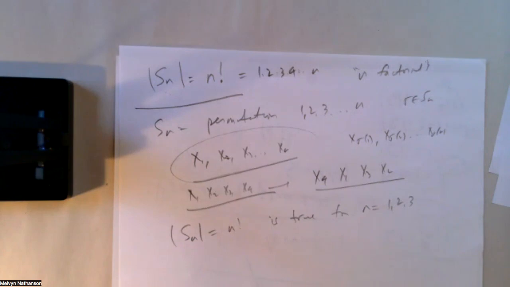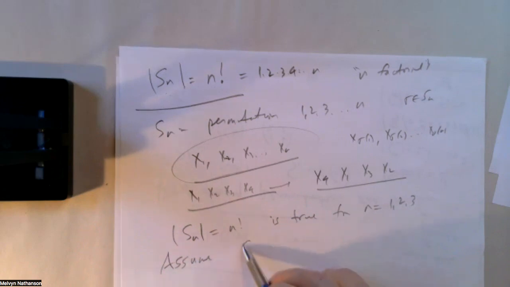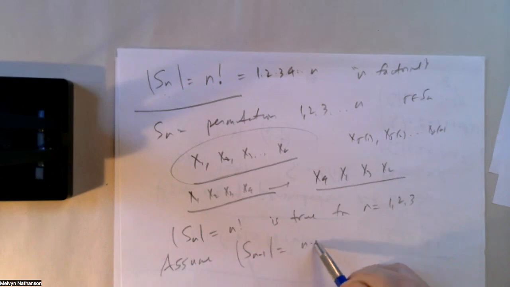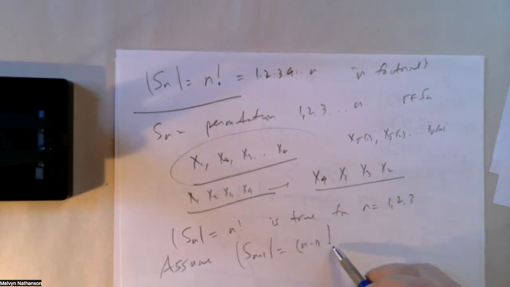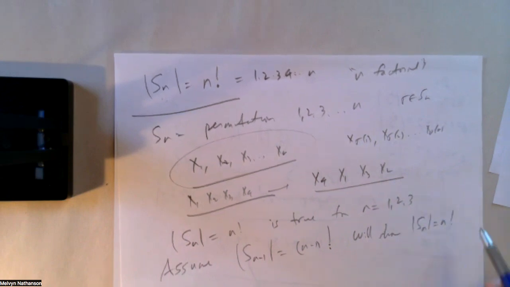So how do we prove this is true in general? Let's assume that Sn minus 1 has n minus 1 factorial permutations. And I will show that this implies that Sn has n factorial permutations.